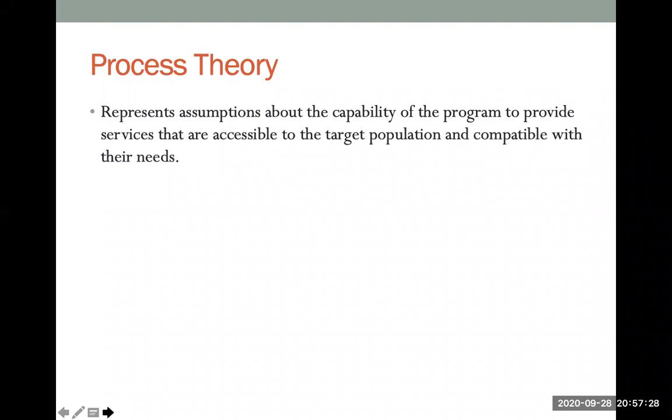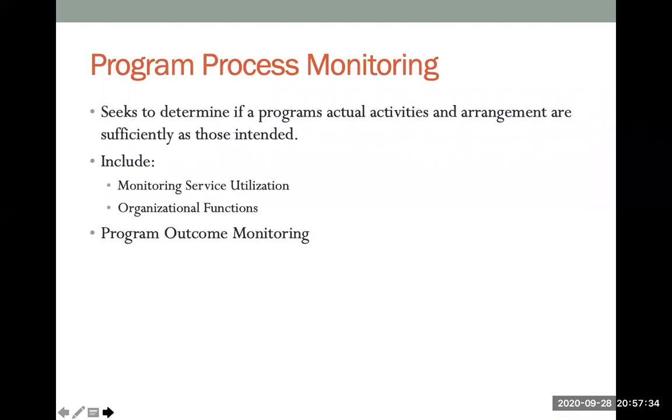And the ways that we approach this process is that we're thinking about how we do program process monitoring. And in program process monitoring, what we're aiming to do is to determine if the program's actual services are sufficient for those that it is intended for, right?